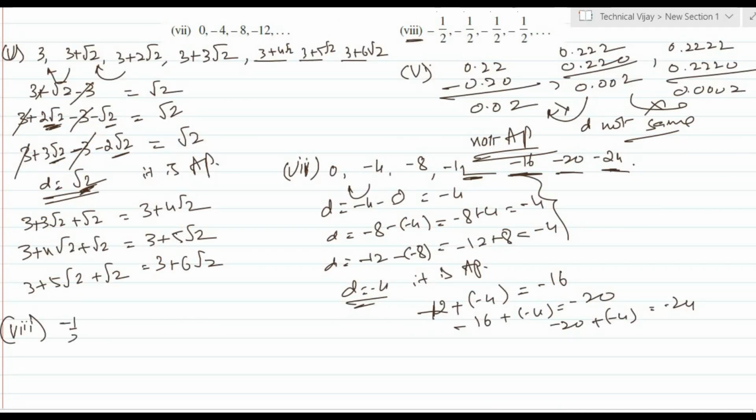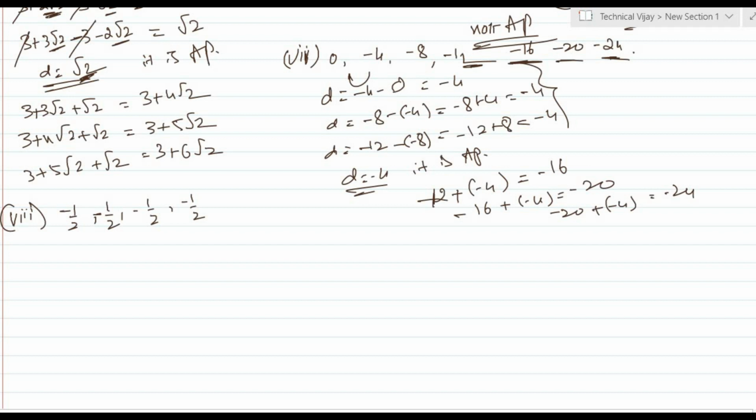Here minus 1 by 2, minus 1 by 2 again, minus 1 by 2 and minus 1 by 2. So here all the terms are the same. First we will calculate the common difference: minus 1 by 2 minus of minus 1 by 2, which is equal to 0, because minus 1 by 2 plus 1 by 2 is equal to 0.